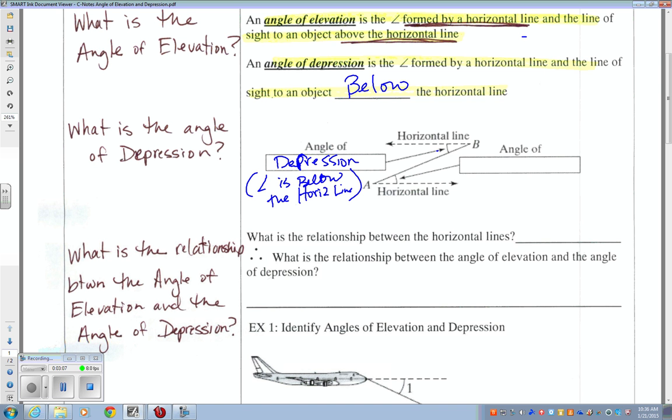You would create a horizontal line so it meets at the transversal, at the hypotenuse. So if it's not drawn for you, you're going to draw the horizontal line and make sure that the angle is below or above that line. Yes. The angle's on the line. You have to use the horizontal line to form the angle.